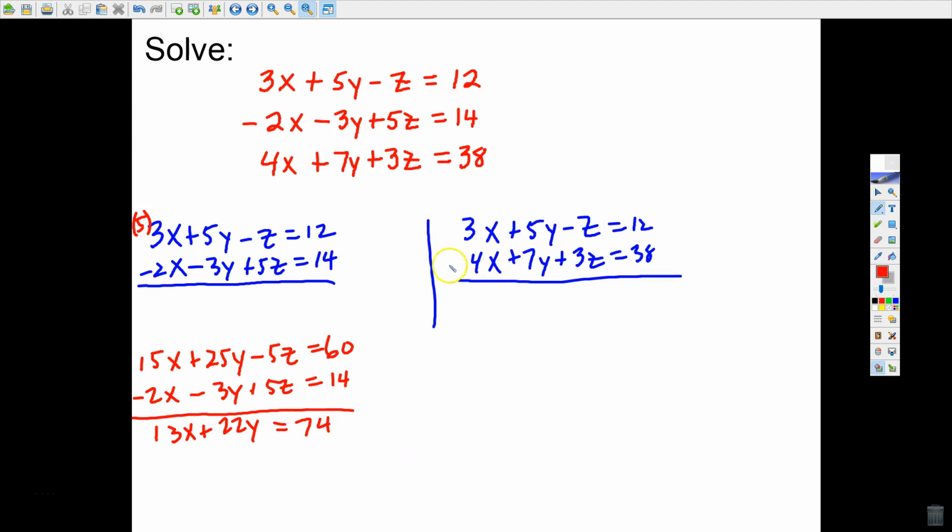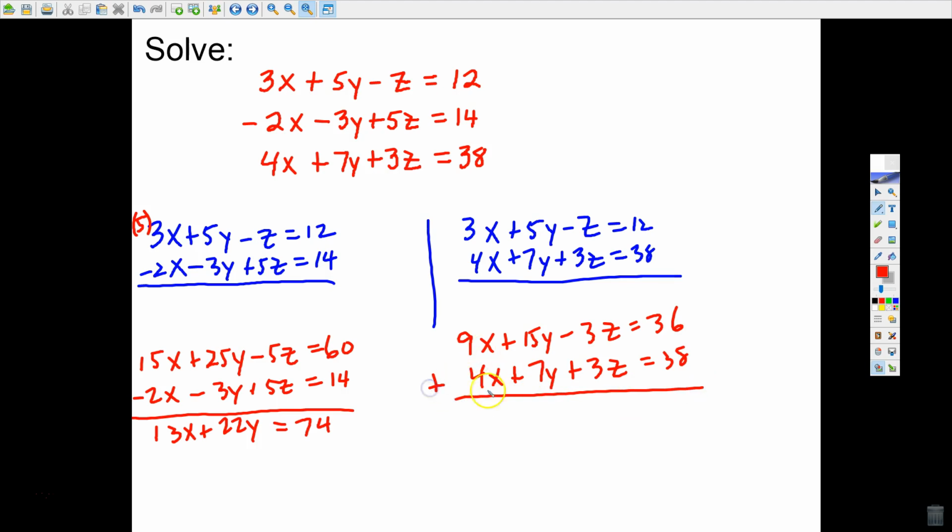Okay. Over here, I'm going to multiply by 3 across the top. And that gives me 9x plus 15y minus 3z is 36, and 4x plus 7y plus 3z is 38.